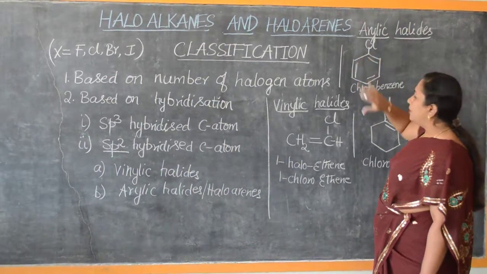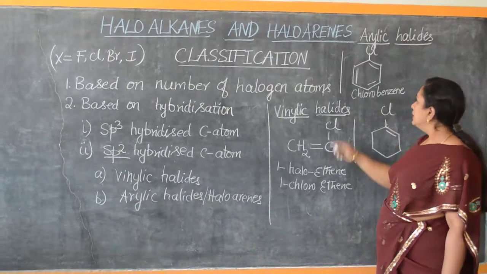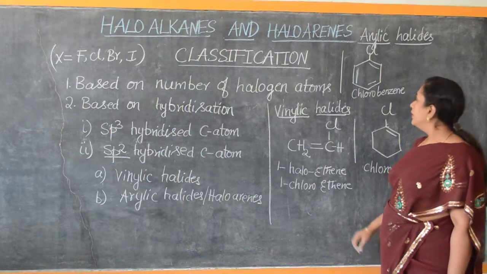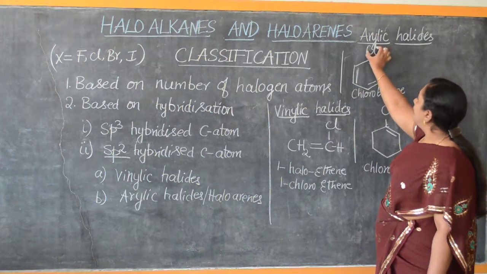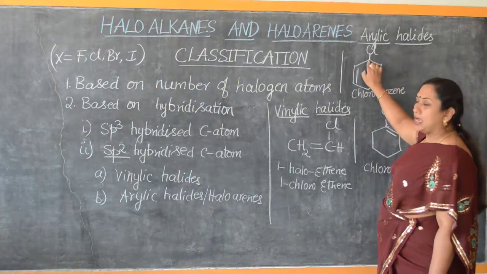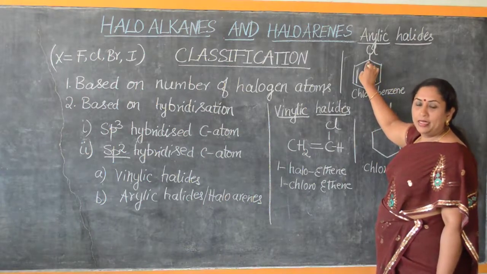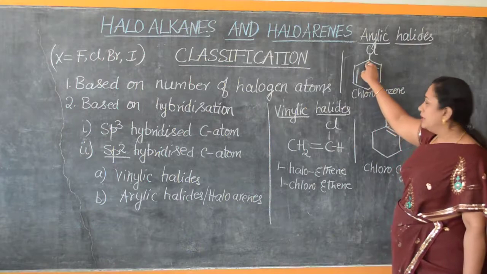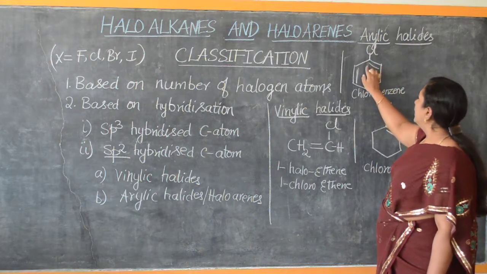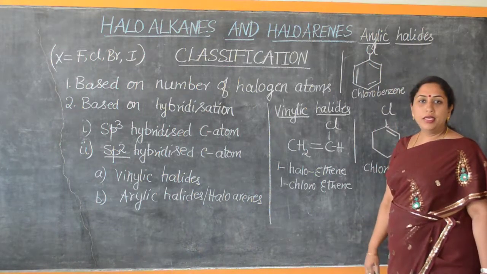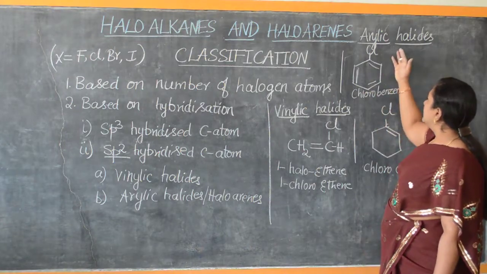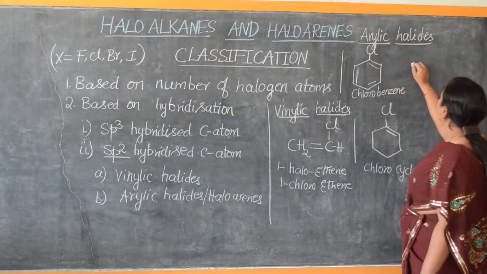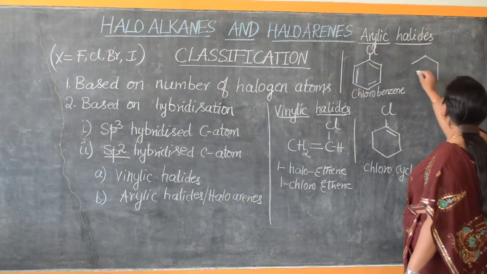There is the presence of a benzene ring. There is the presence of a halogen, namely chlorine. This chlorine is attached to the carbon atom of the benzene ring, which has undergone sp2 hybridization, and it is also involved in a double bond. So this is an example of an arylic halide. So this is chlorobenzene.